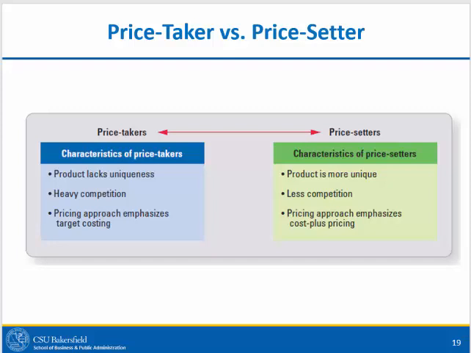Okay, and price setters: basically the product is very unique, there is much less competition, and you can emphasize cost plus pricing. For example, some pharmaceutical companies have patented a drug dedicated to treating cancer patients.